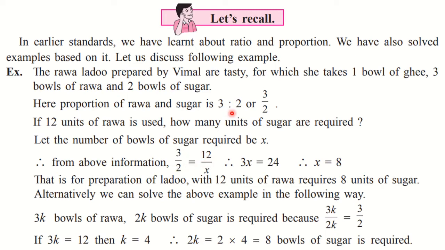Always keep in mind that the ratio gives us the reduced form. That means if 3k bowls of rava are used, 2k bowls of sugar are required, because the ratio is 3/2, which is equal to 3k/2k.